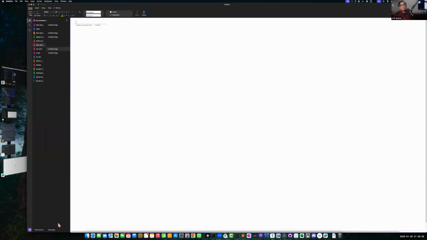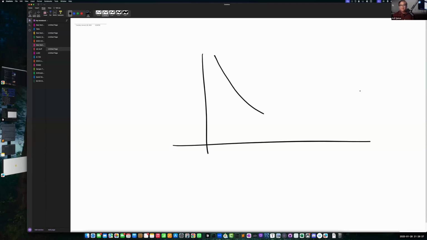Just imagine a function. Let's say that I have a function like this, and my goal is, what are you trying to do? You're trying to find the point at which the loss is minimum.